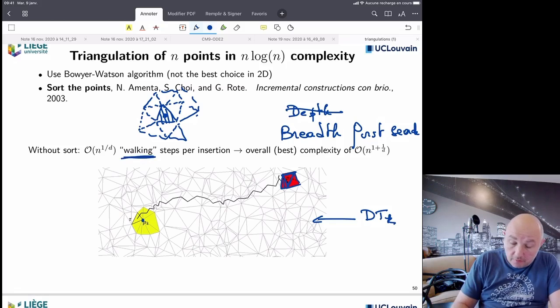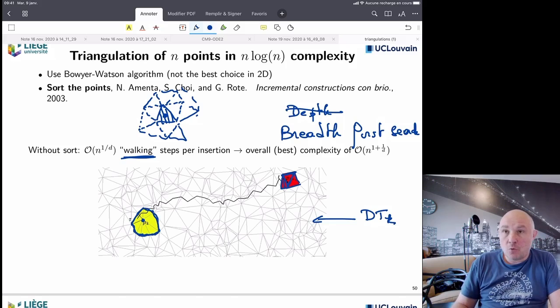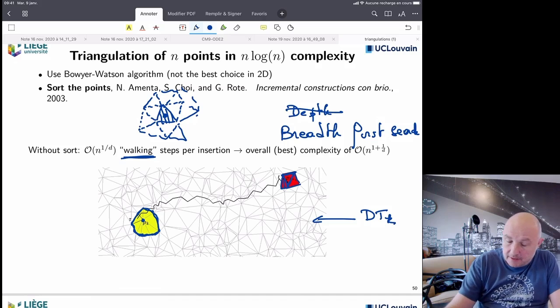You imagine you have just created that cavity. You have just remeshed that cavity by adding point pk. So you have in memory at the time of the algorithm all those triangles. Okay, what do you do? You can, and that's the main idea.